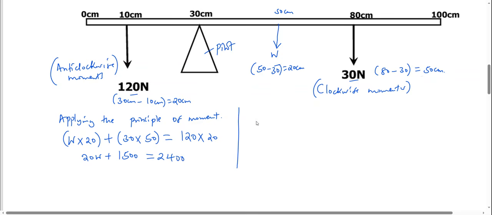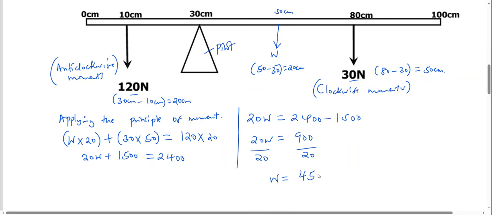So let's collect like terms. We'll have 20W is equal to 2400 subtract 1500. This gives us 20W is equal to 900, and if we divide both sides by 20, our weight will be 45 Newton.